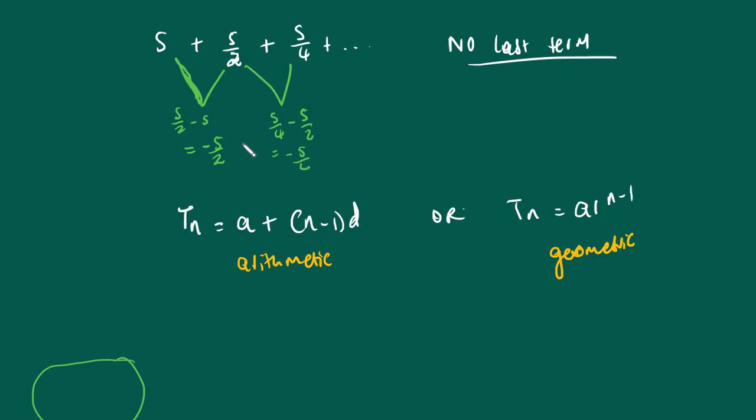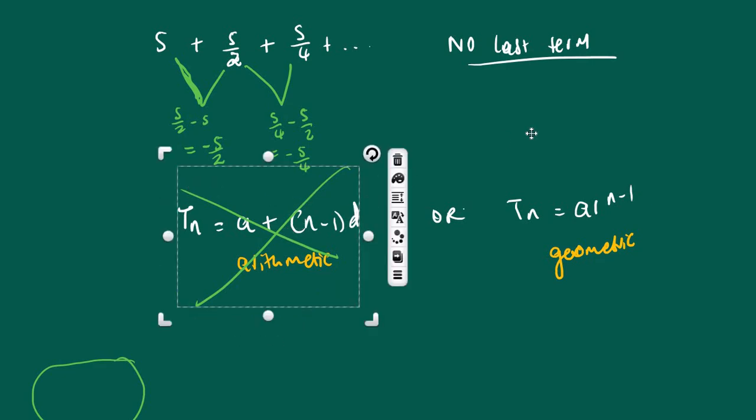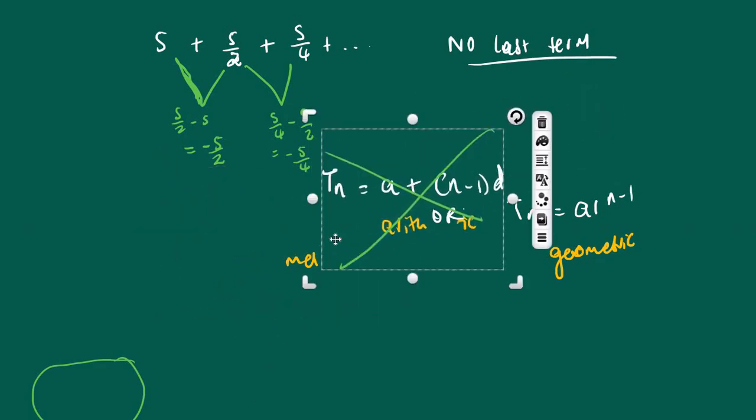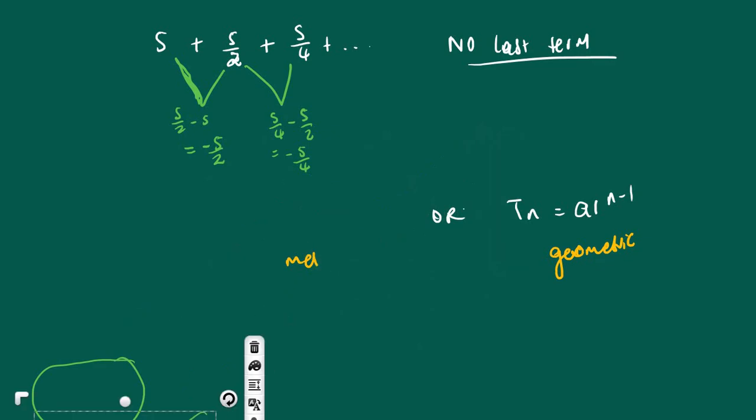So since it gives me negative 5 over 4, these numbers are not the same. That immediately tells me that no, this is not arithmetic. So we just throw that idea away.